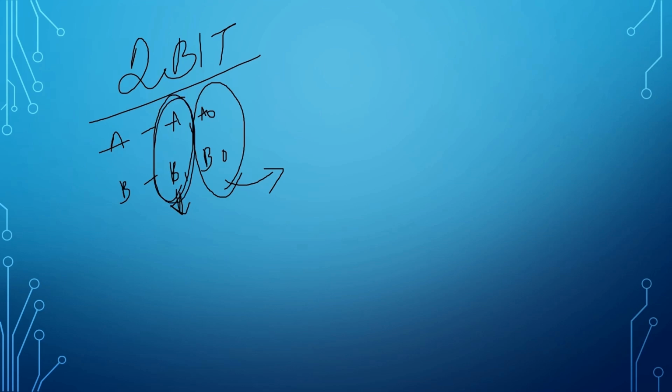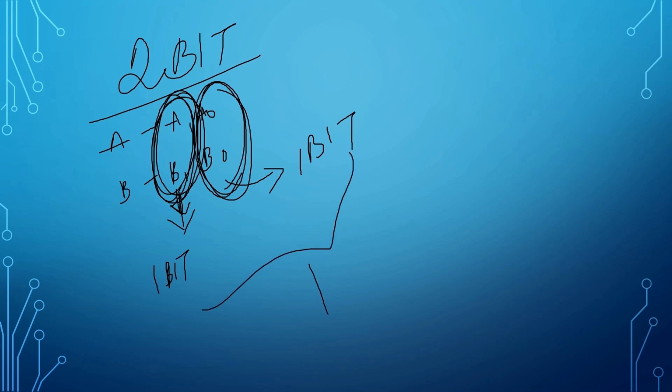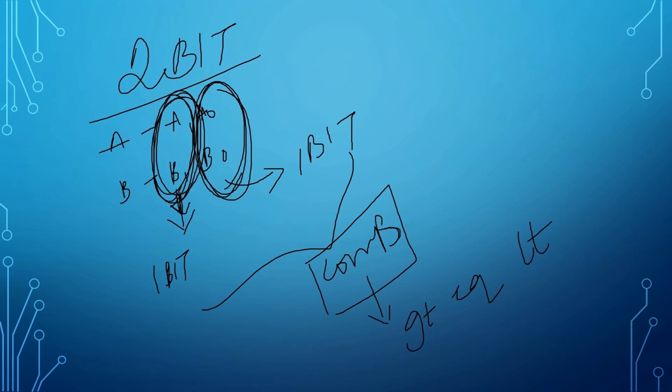First we compare A1 and B1, so we use a 1-bit comparator here, and to compare the other bits we use another 1-bit comparator. To get the final output we need one combinational circuit here, so that it will give the final output whether it is greater than, equal or less than. I will discuss what that combinational circuit is.